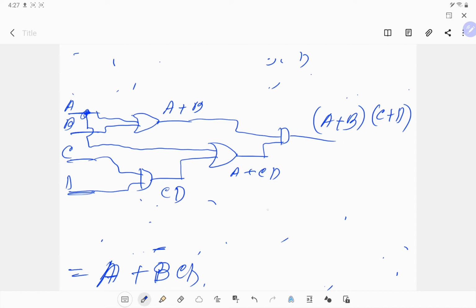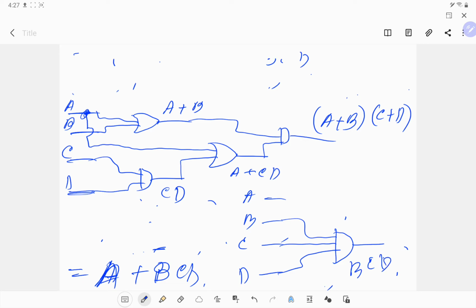So now we have 4 inputs, definitely A, B, C, D. A, we got direct A, then B, C, D. We need a 3-input AND gate, and this outcome will give us BCD. Then a 2-input OR gate. The first input is A, and the second input is BCD. So that's how we get A plus BCD.